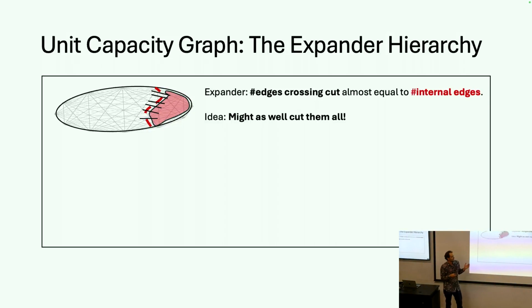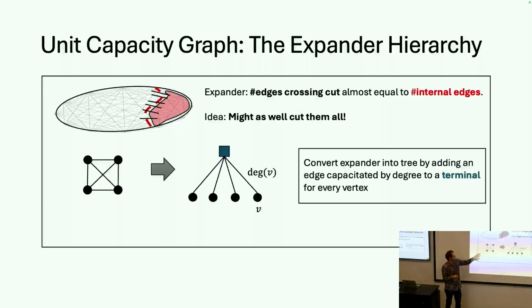And this gives us the idea to just cut all the edges, also the ones inside the component, which for a small example of an expander, just a complete graph on 4 vertices, would just correspond to adding an extra node and then an edge of capacity degree to this extra node.